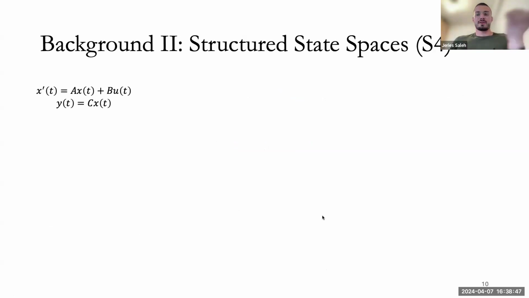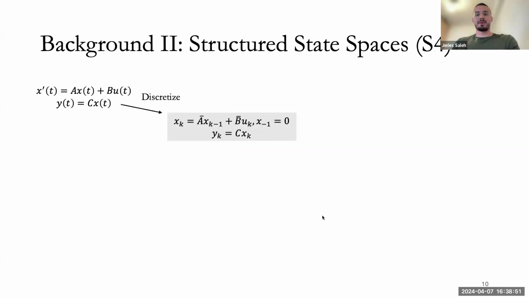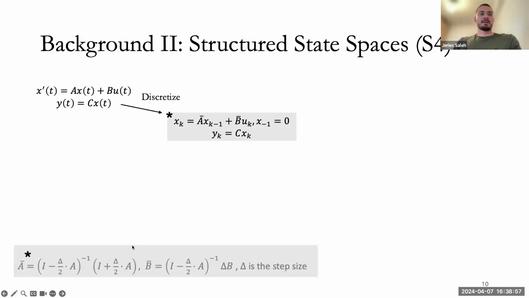We'll start with the continuous version of SSMs. It needs discretizing to work with discrete inputs. So to discretize, we need to define a step size, and the step size corresponds to the time between two consecutive time points, for example, k and k minus 1, and we get a discrete representation as follows.